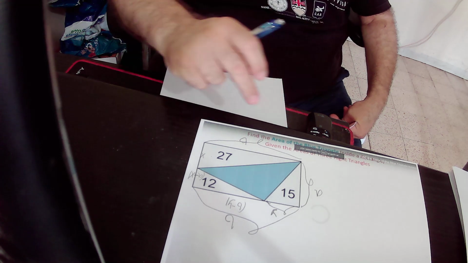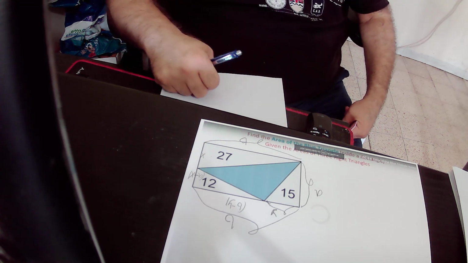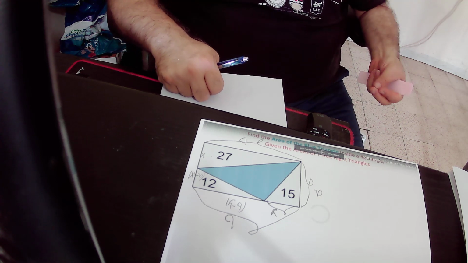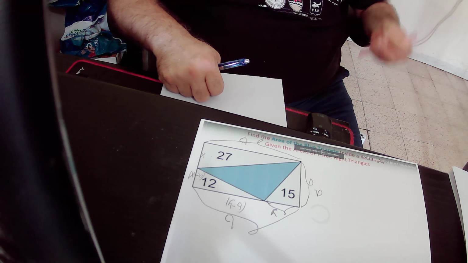So the area of the rectangle is A times B. So the only thing that we need to do is to find the value of A times B.